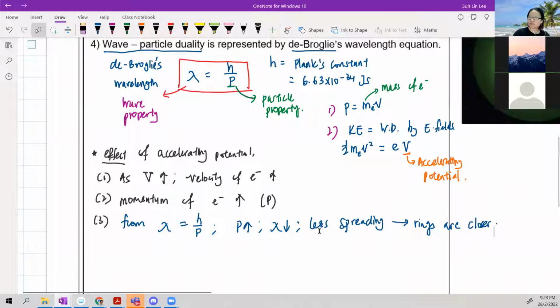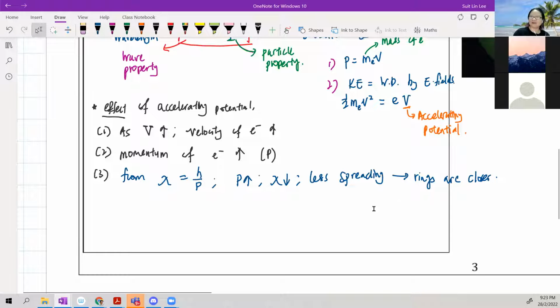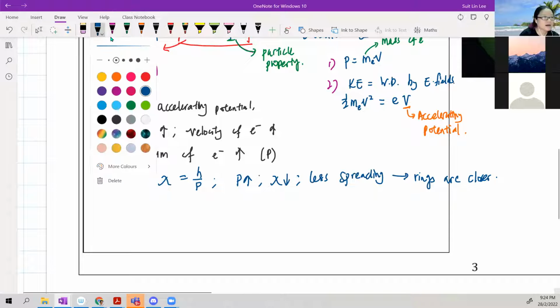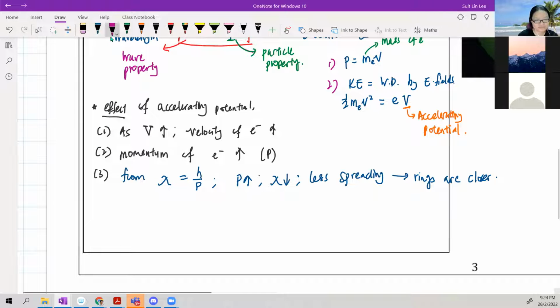So what does less spreading mean? Last time in your AS, the condition for diffraction is that lambda must be more or less equal to the gap size, d.